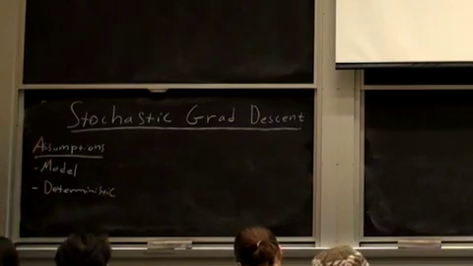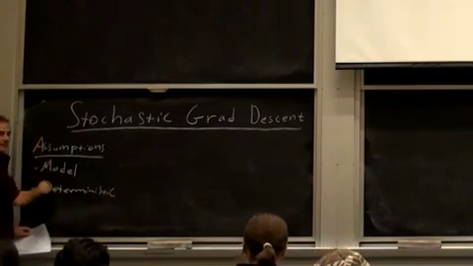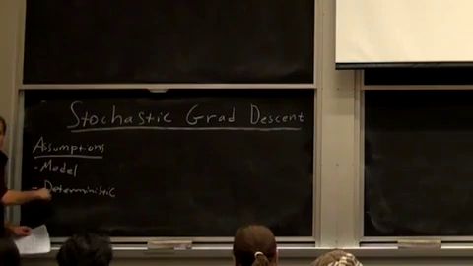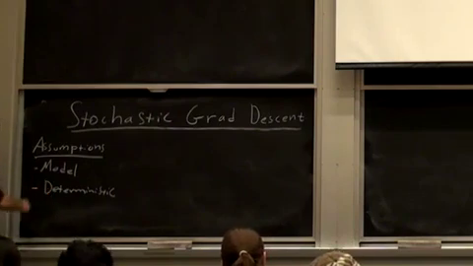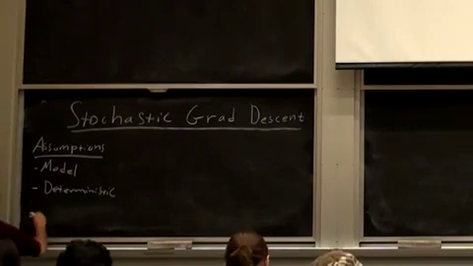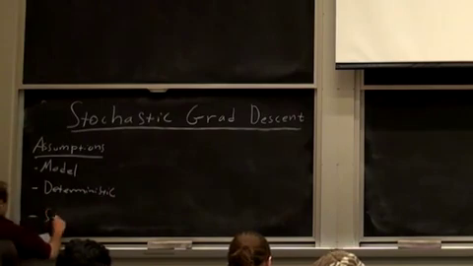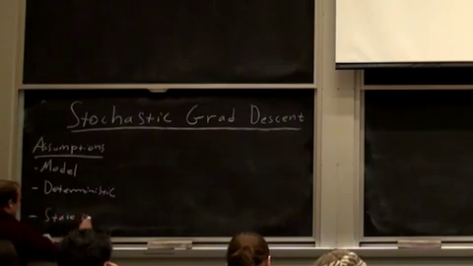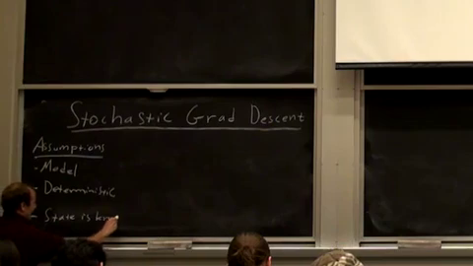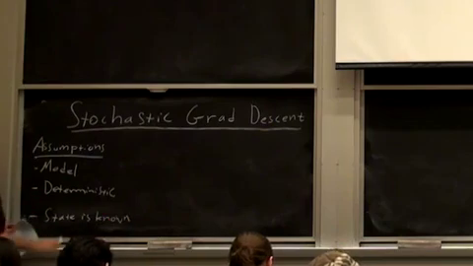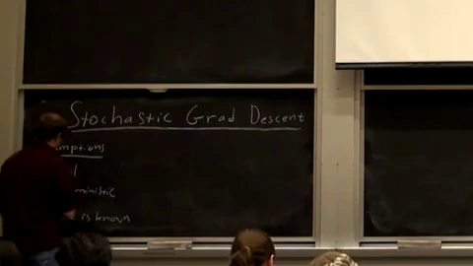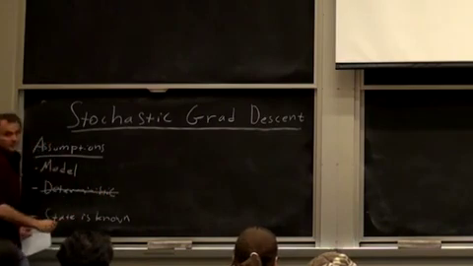This is the one that last time we talked about getting rid of: stochastic systems, stochastic dynamics. So that's one we're trying to remove. And then the state is known. We've sort of already gotten rid of this one in some of our discussions.